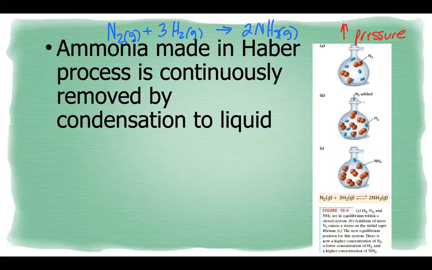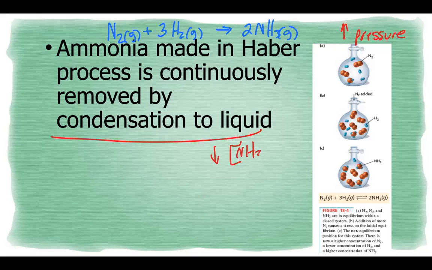What happens also if when we produce ammonia gas, we condense it to a liquid and we remove it? So what happens if we decrease the concentration of ammonia? Remember, this whole idea of Le Chatelier is the system wants to reduce or reverse whatever stress you've done to it.